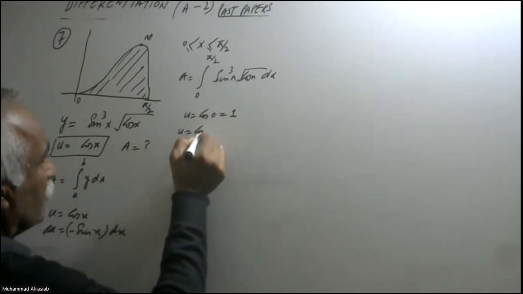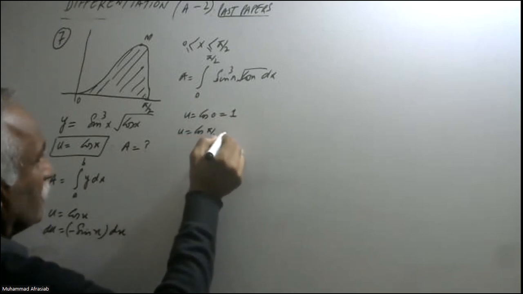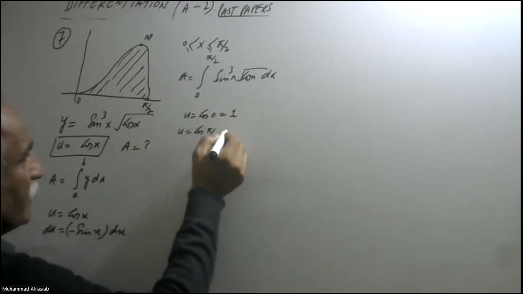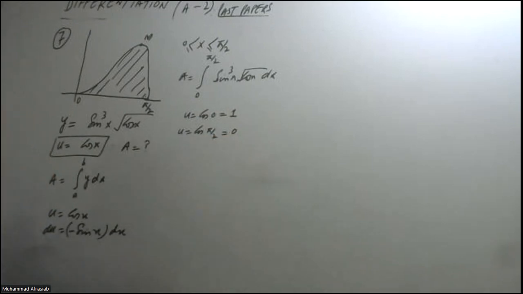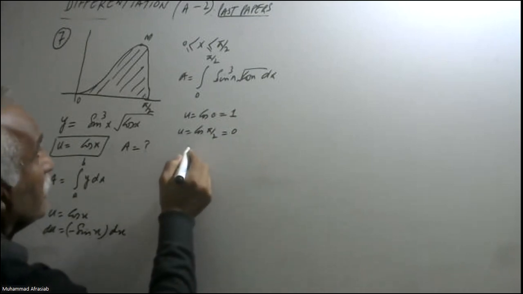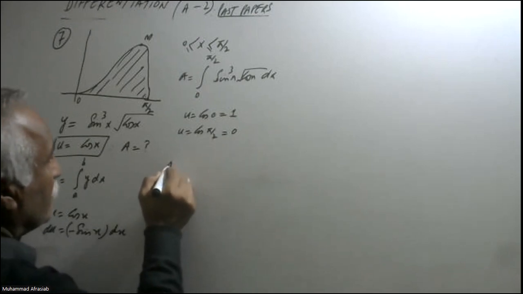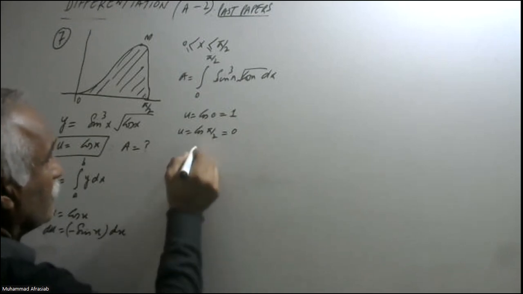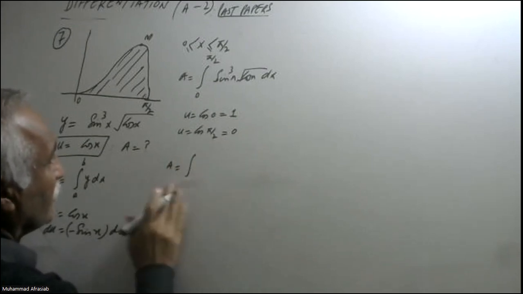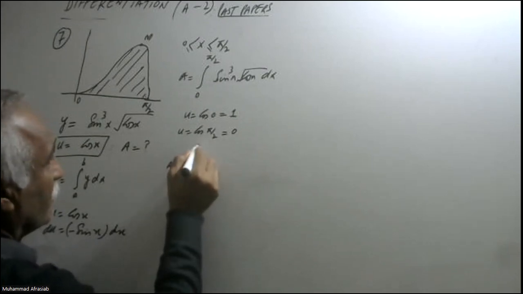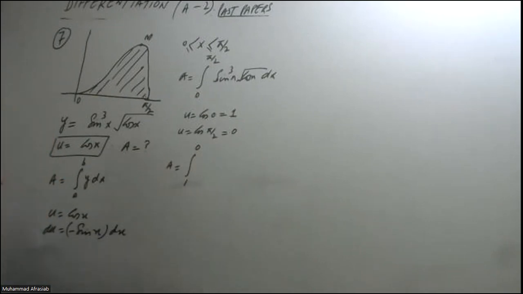If x is pi by 2, u is equal to cos of pi by 2, which is equal to 0. So the limits are changed from 1 to 0 there. So area is equal to the integral, for 0 it is 1 and for pi by 2 it is 0, so 1 to 0 we can write it as it is there.